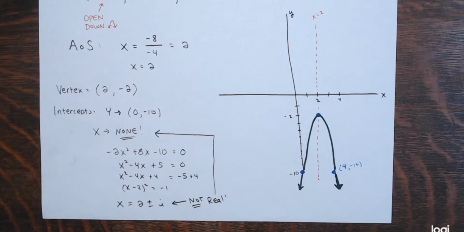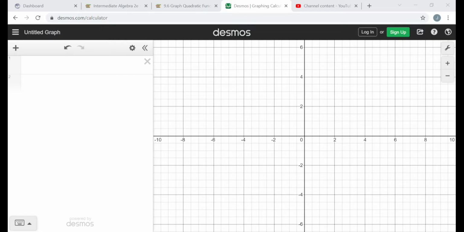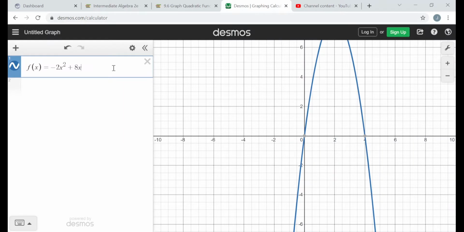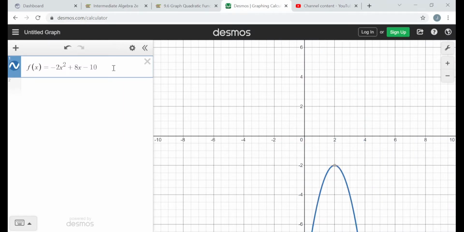And then once again, just to check that I did okay, I'm going to go to the Desmos site and enter that function and see if it matches my hand drawing reasonably well. So we had f of x equals negative 2x squared plus 8x minus 10. And look, no x-intercepts. The vertex is at 2, negative 2, as we stated, and it's opening down.